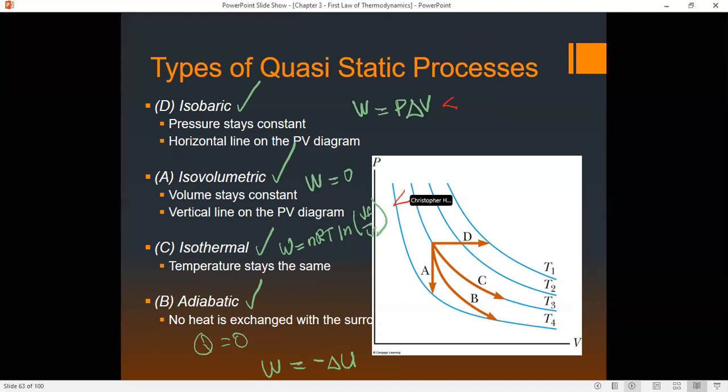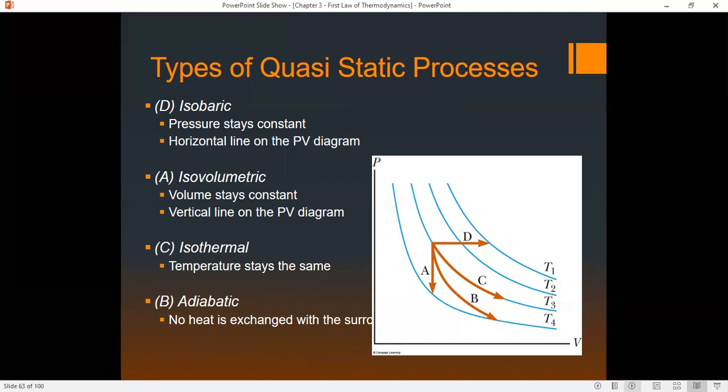Same thing for the isothermal, probably the same thing with the adiabatic. But again, as long as we allow these processes to go forward slow enough, we will approximate these quasi-static conditions of thermodynamic equilibrium.